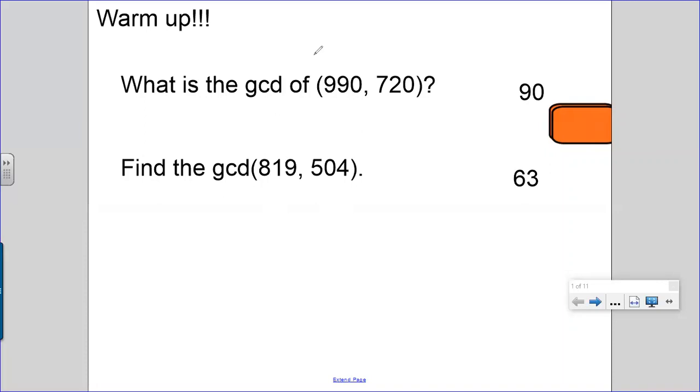I forgot why it works, but I know how to do it. Yeah, okay, that's fine. Explain what you did. So I took the biggest number out of the two numbers and subtracted the smallest number from it. Mm-hmm. And so that got you what? 270 and 720? Yeah. And then I keep doing that for the biggest number and the smallest number.